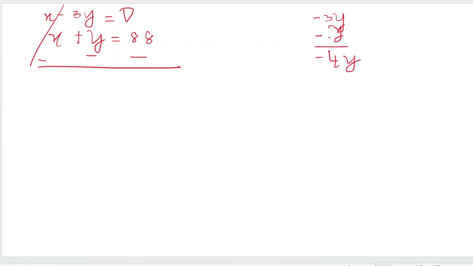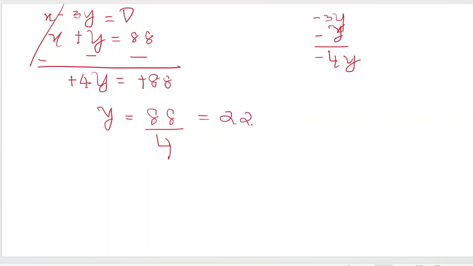Since both are of the same sign, we add and put the sign of the greater number. So we get minus 4y is equal to minus 88. There is a minus sign on both sides, so we make both plus, and we get y is equal to 88 divided by 4, which is 22.